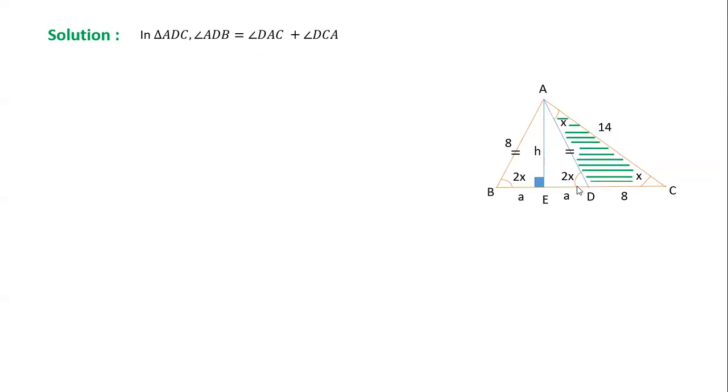So the exterior angle ADB is equal to angle DAC plus angle DCA. The reason is that an exterior angle of a triangle is equal to the sum of the opposite interior angles.